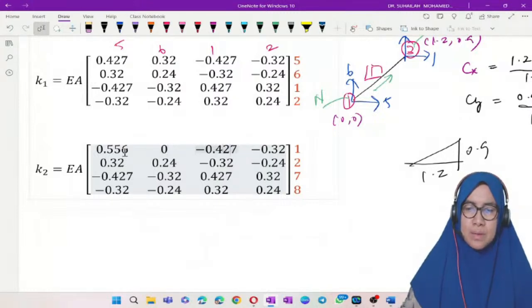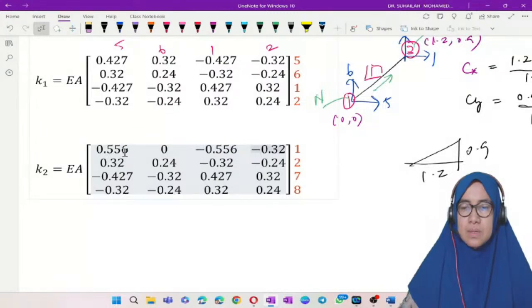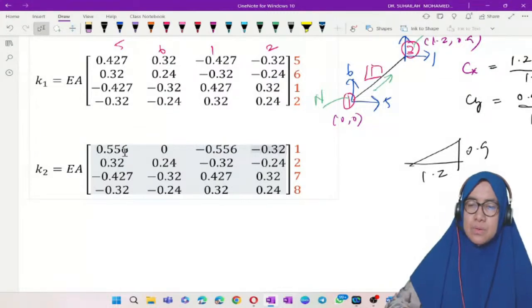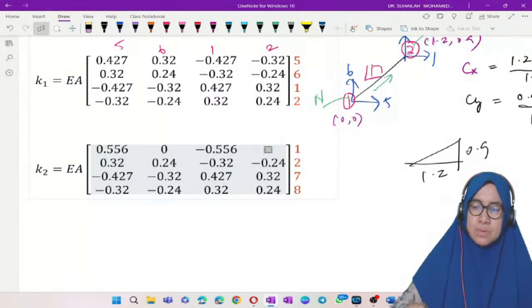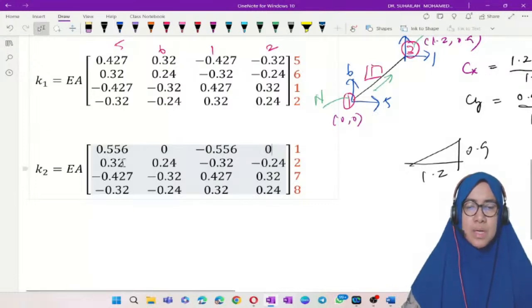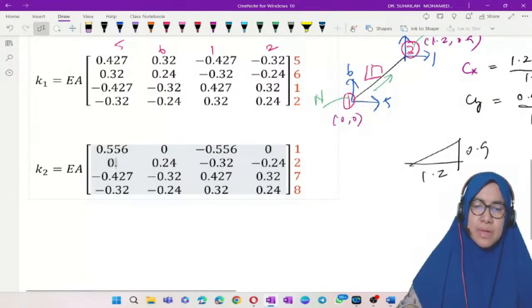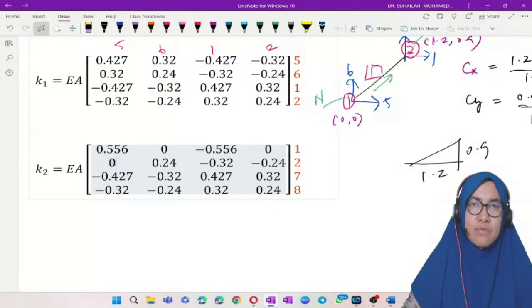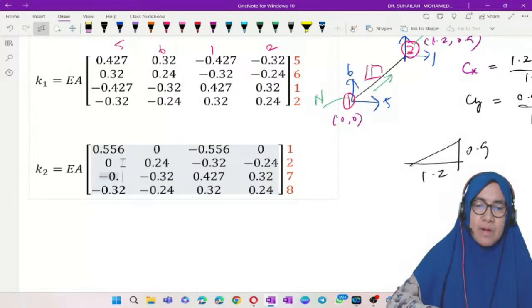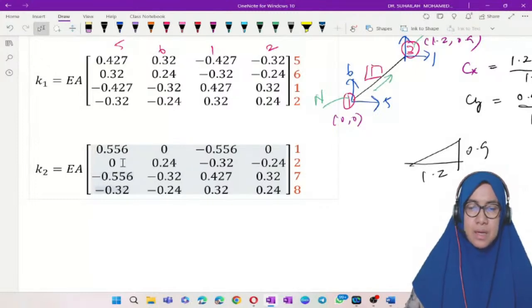This one the same but negative, 556. This one 0. Okay, so it is symmetric, so it has to follow the symmetric characteristic. 556 and 0.